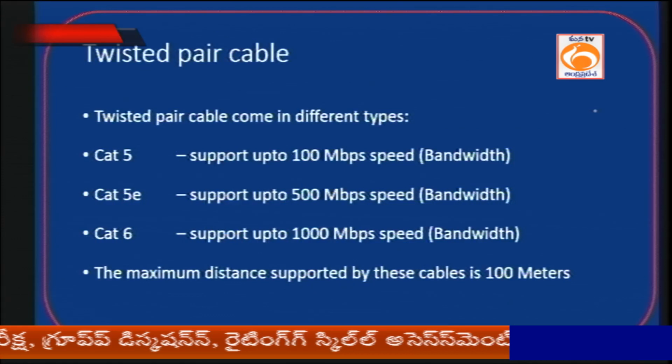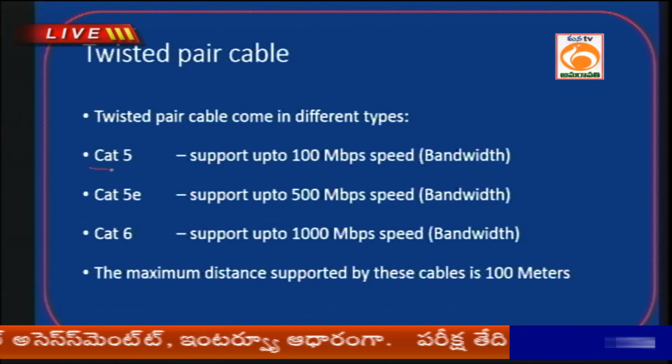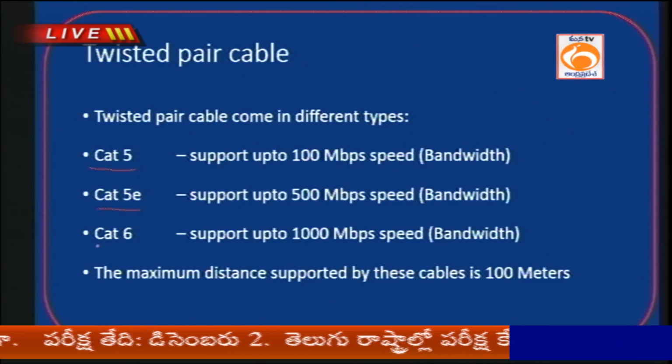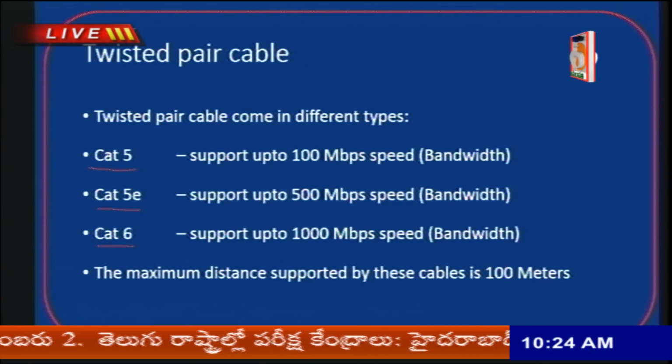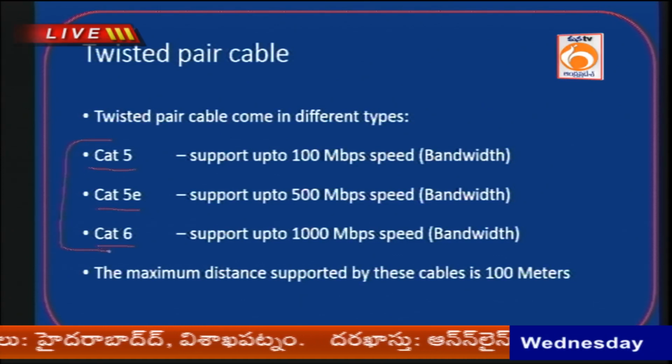The next page shows the various speeds and types of cables that are available. We are only representing the category cable, but we are not mentioning whether it is UTP or STP because they are available in both categories.